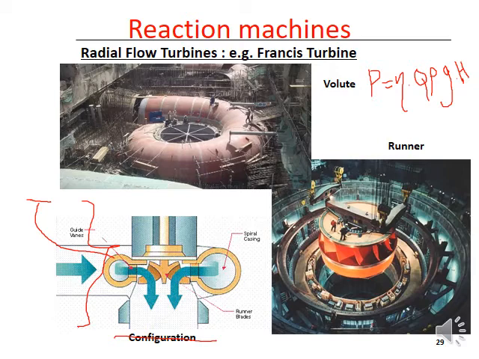So you have to change either Q or rho or G. So what happens is you change Q here to meet the required power output P. So Q is changed through a feedback mechanism using these guide vanes here. Those are called guide vanes or sometimes called wicket gates in turbines. We will see more about these in next slides.